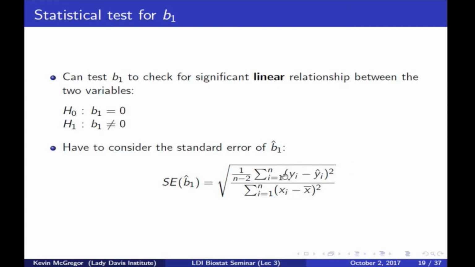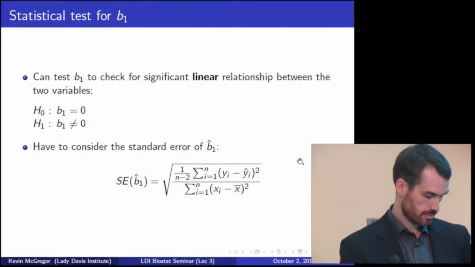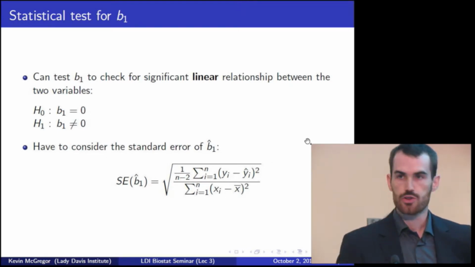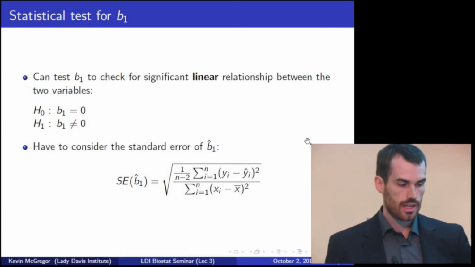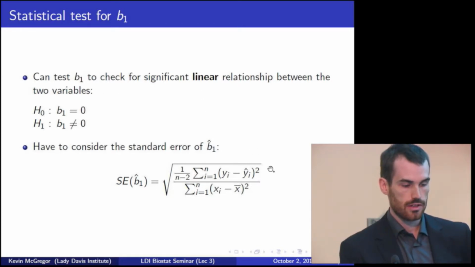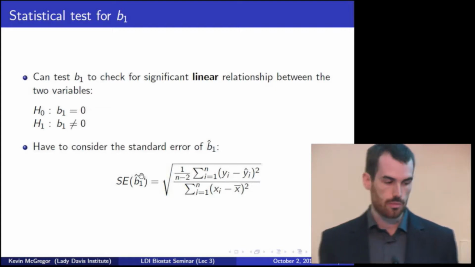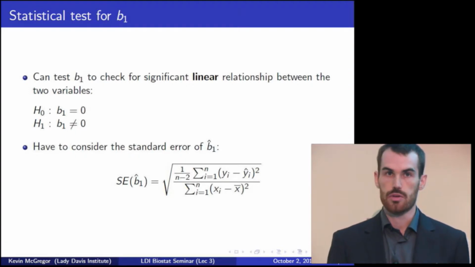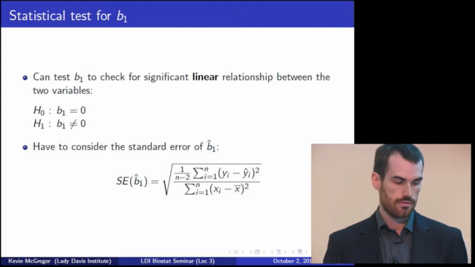It involves, again, the sum of squared residuals, which is exactly the thing we were trying to minimize earlier, and then in the denominator it involves our x values. That gives us an estimate of how sure we are in our estimate of B1. If this standard error is very large, then we're less confident in our estimate of B1. And if the standard error is small, then we are more confident in our estimate of B1.